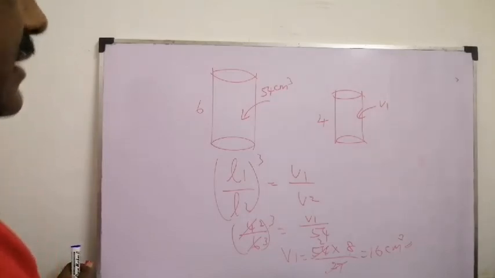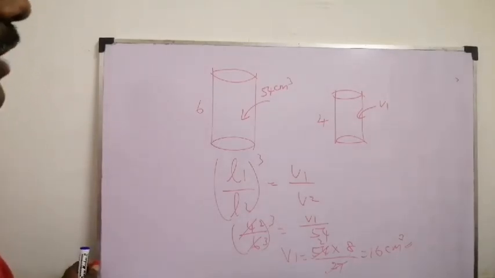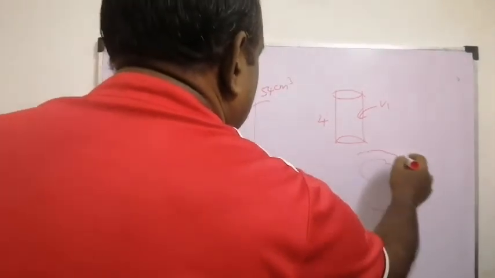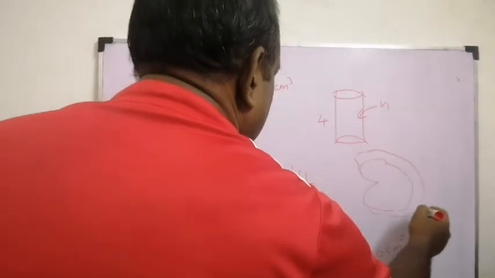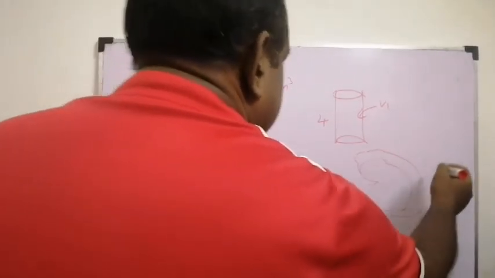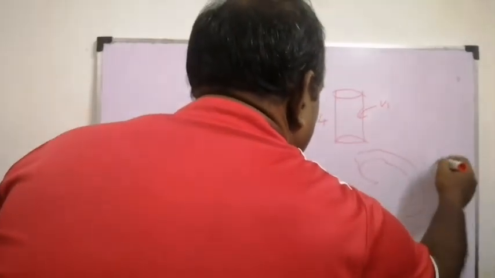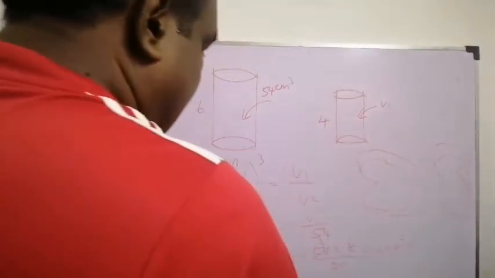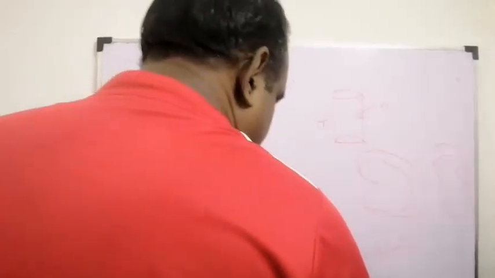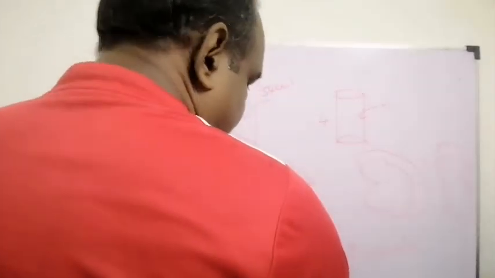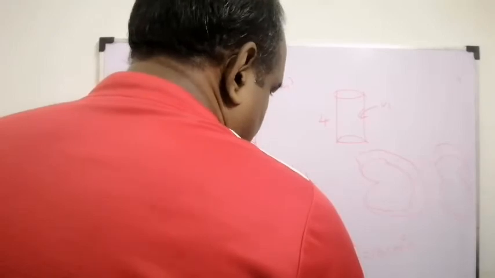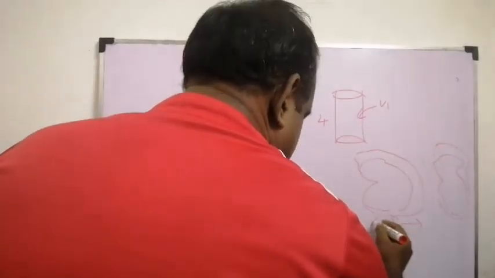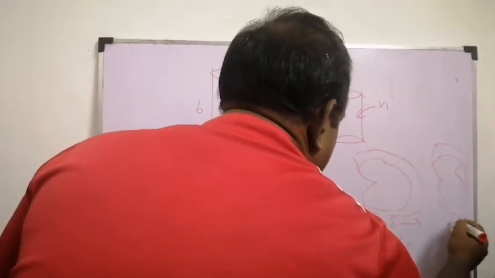Okay, this was regular shapes. If it is an irregular shape, something like this, they give the volume of this. The length of this is 8 centimeter, and this is 4 centimeter.